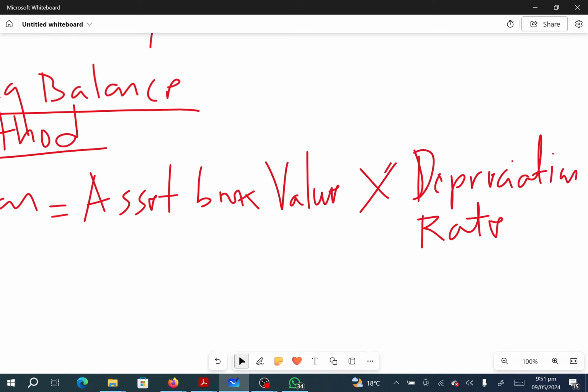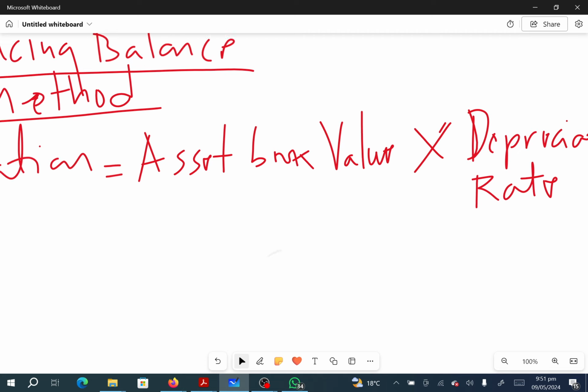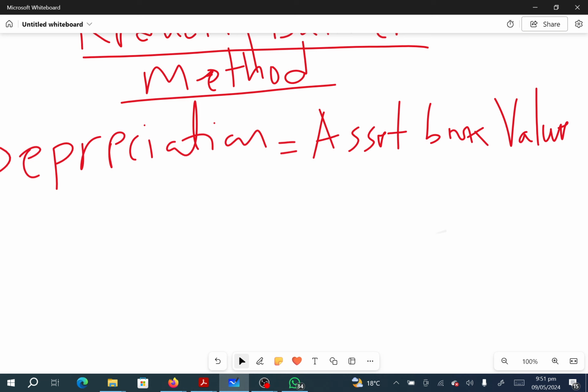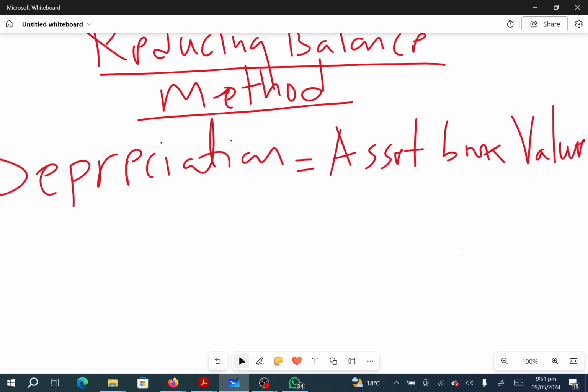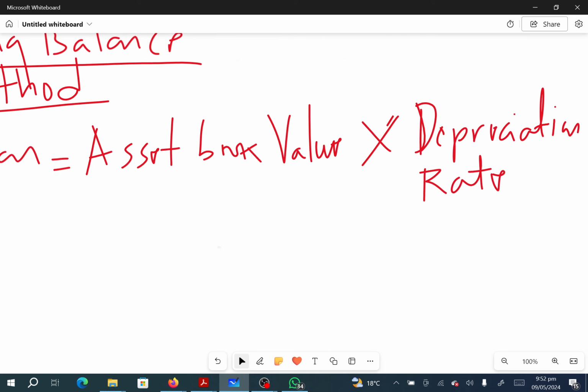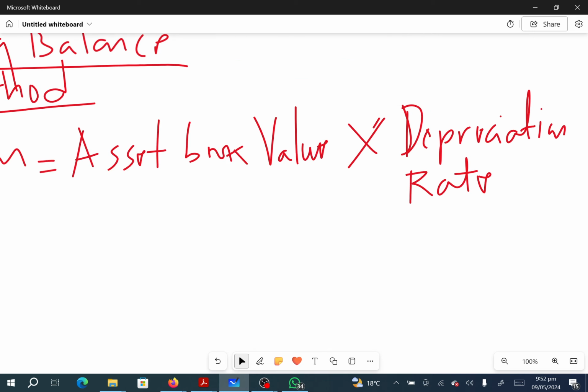So this is one formula we are using in the meantime. Depreciation under reducing balance method is equal to asset book value multiplied by the depreciation rate.